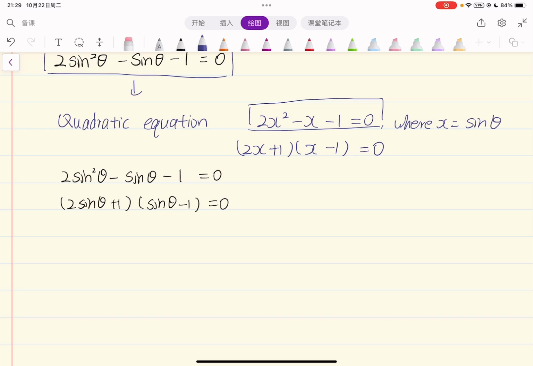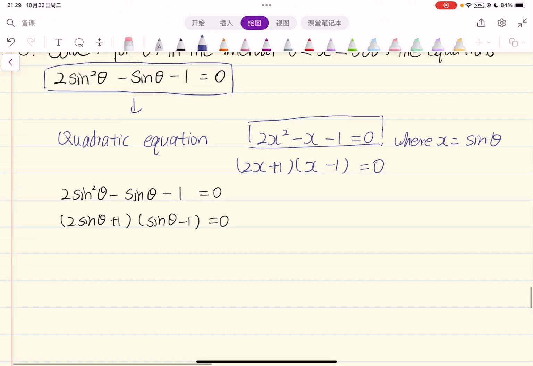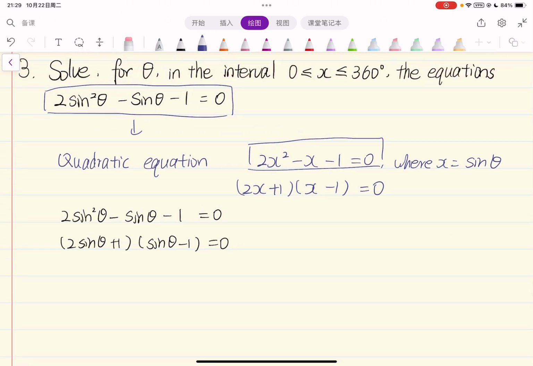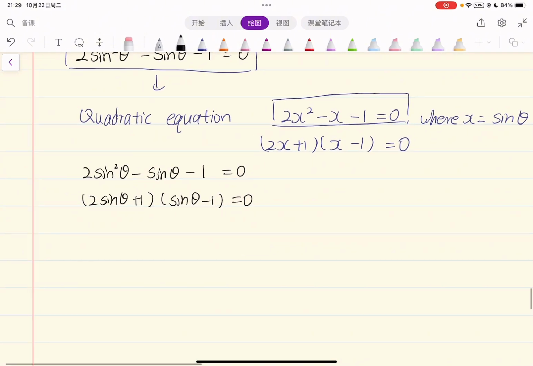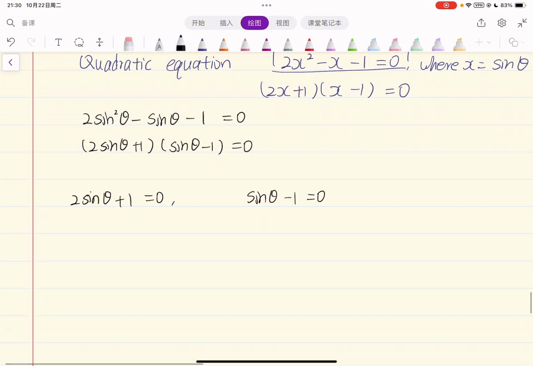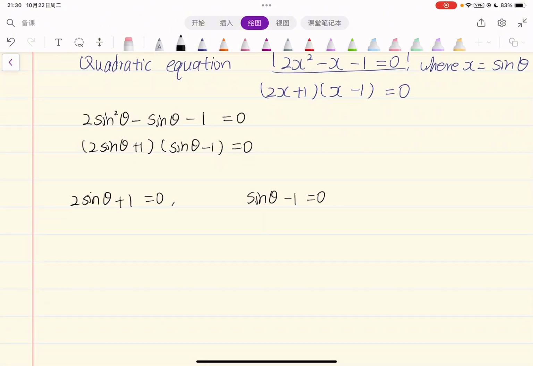It is the same way to solve this quadratic equation. Then we have 2 sine theta plus 1 equals 0, and sine theta minus 1 equals 0. We have 2 sine theta equals minus 1, so sine theta equals minus half, and we have another possible value, sine theta equals 1.